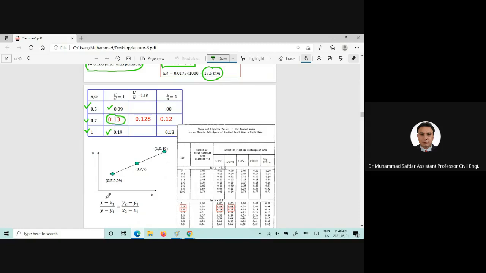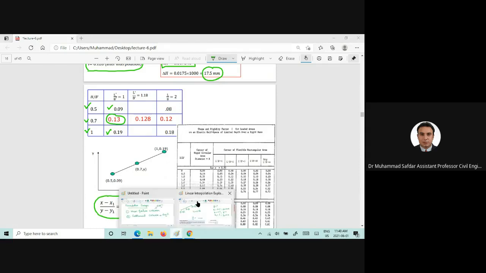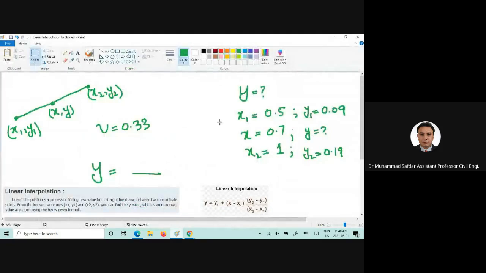So if you use this equation and simplify that, I have done it for you. So please kindly give me this value here, this is the x1, and we need to find out this y value because the x is given, which is 0.66 or 0.7 if we round off. Please kindly give me the y value.